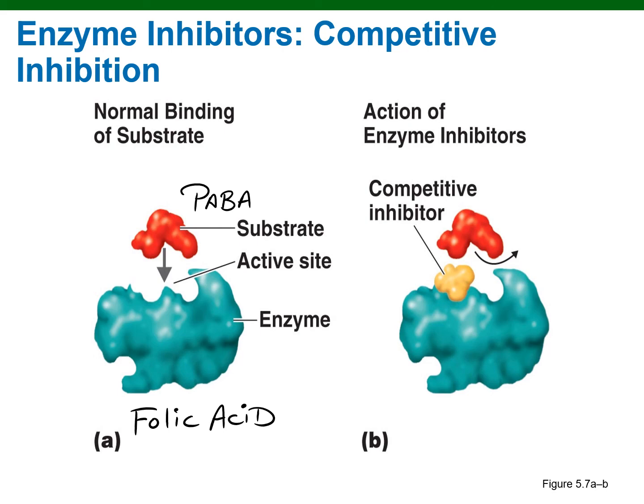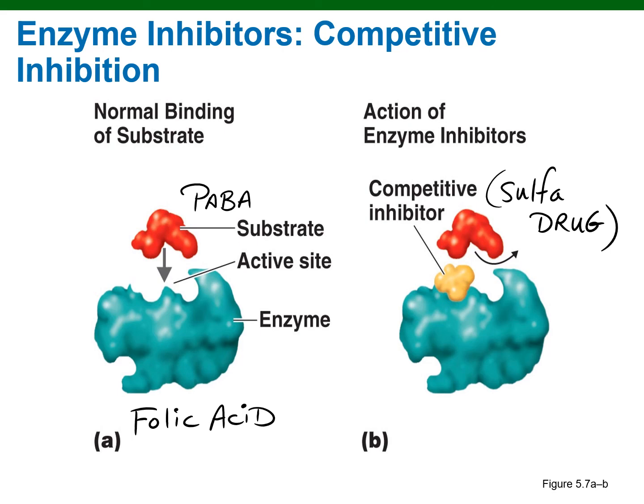However, the competitive inhibitor, which is the sulfa drug, is not exactly PABA, but is similar enough to the natural PABA that it can fit into the active site and then compete and block out the normal substrate's ability to contact the active site.